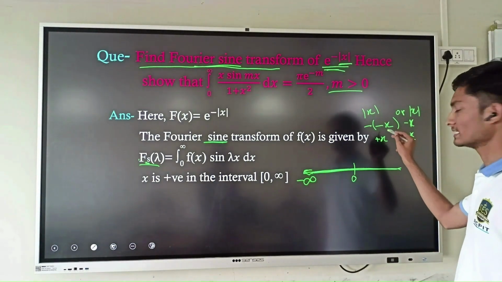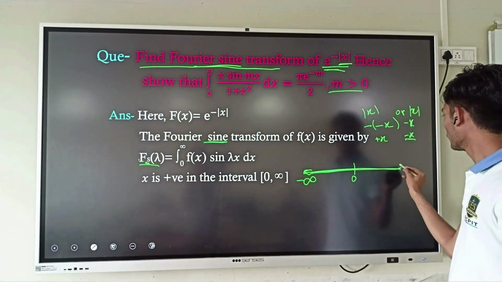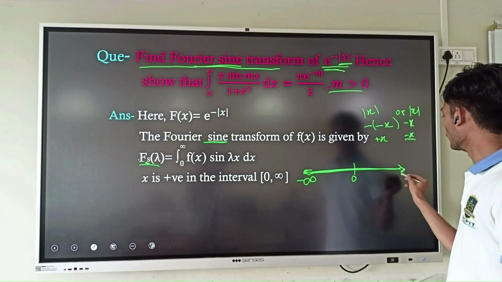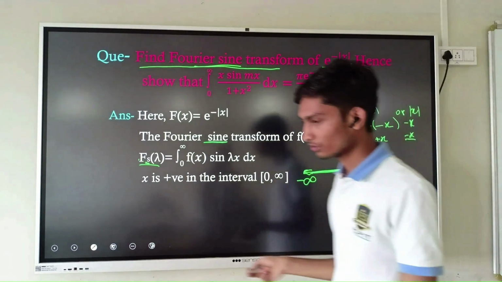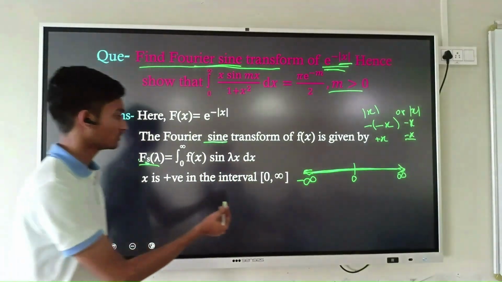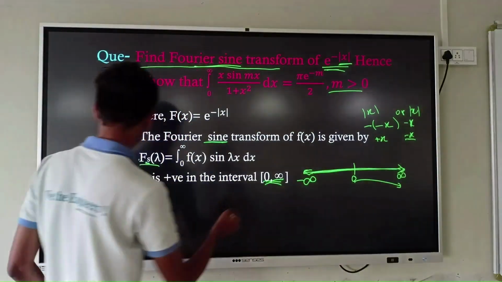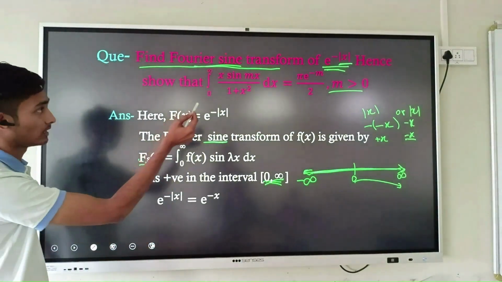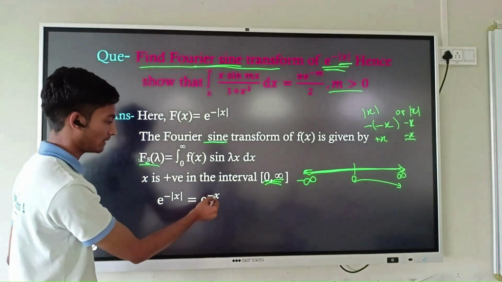And if our x is negative, then after getting it out, it becomes positive x, which goes in this direction with positive sign. So in this example, our x goes in the interval of 0 to infinity. Therefore, our function e raised to power minus mod x becomes e raised to power minus x.